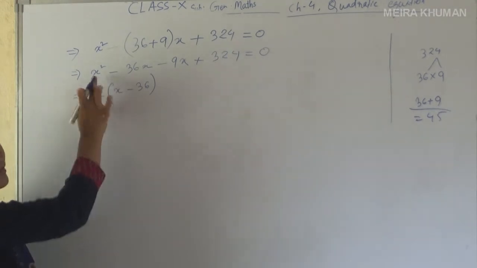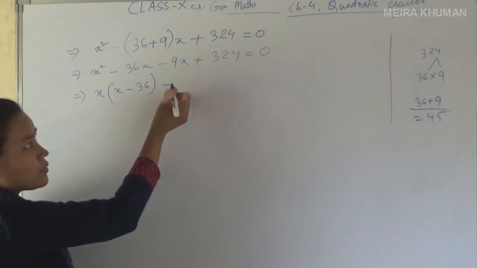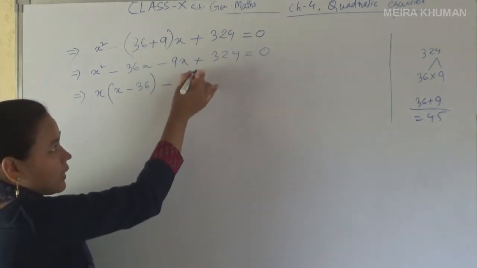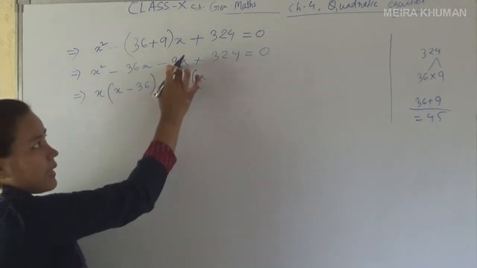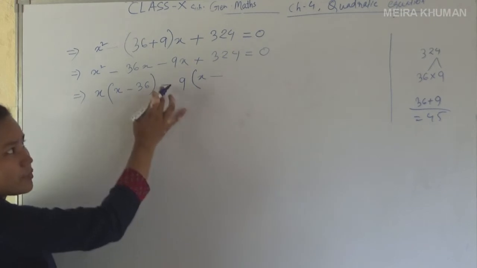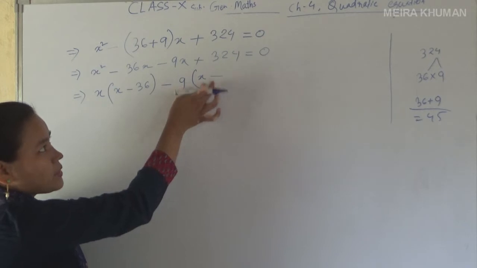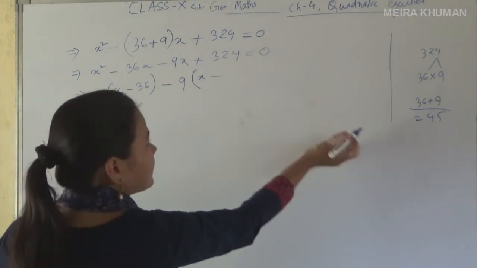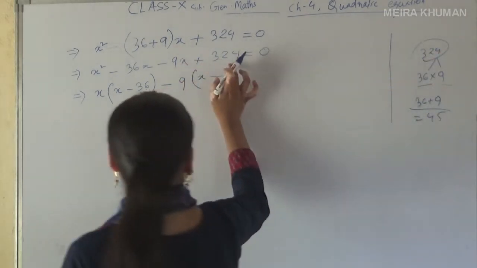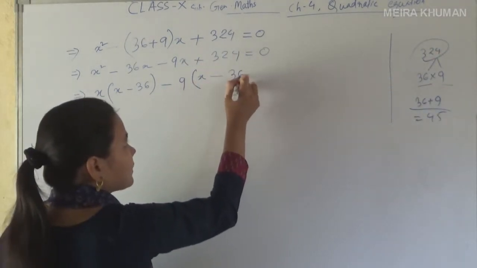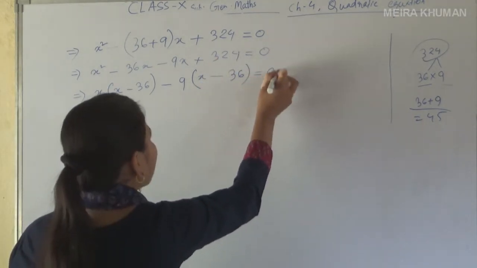Then again you should take 9 common: 9 into x is 9x, with minus, because minus and plus. So 9 into 36 is 324 equal to 0.